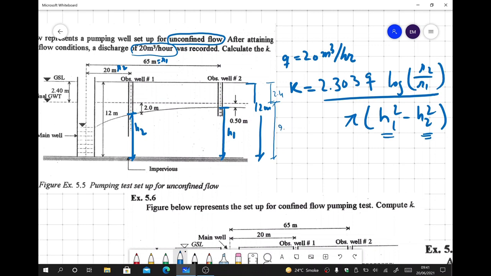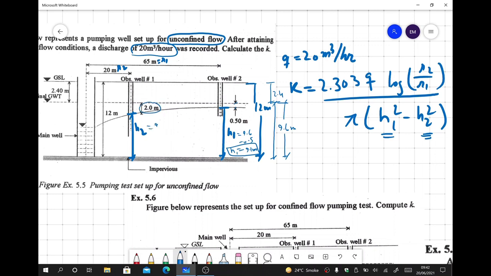So this is 9.6 meters, the distance from the water table to the bottom of the impervious layer. Now I need to find H1. You see it is 0.5, so I have to subtract 0.5 from 9.6. It gives me 9.1 meters. So H1 is 9.1 meters and H2 is 2 meters below.